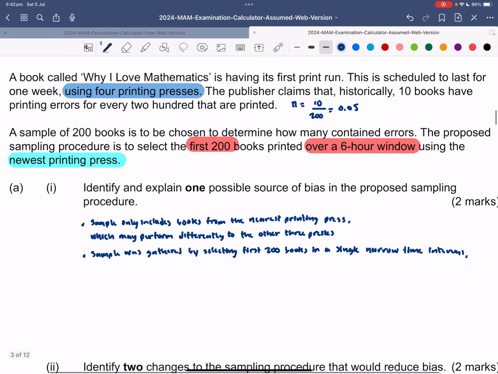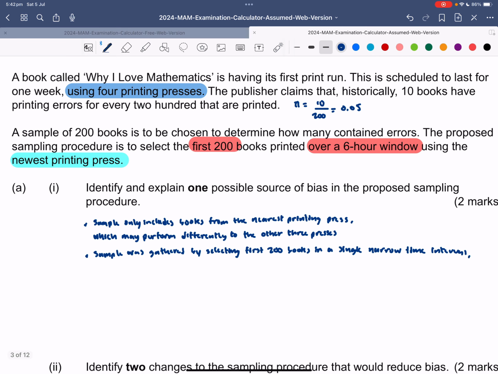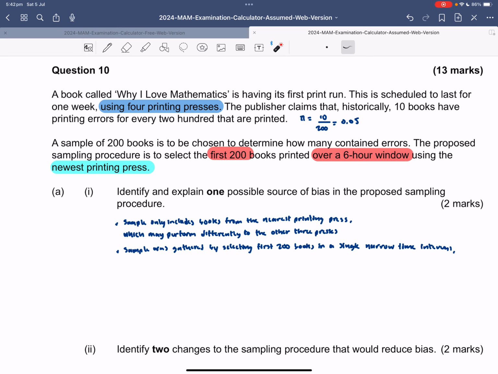And remember, at the end of the day, we're trying to figure out what happens over an entire 1 week period. So we can't just look at the first 6 hours.